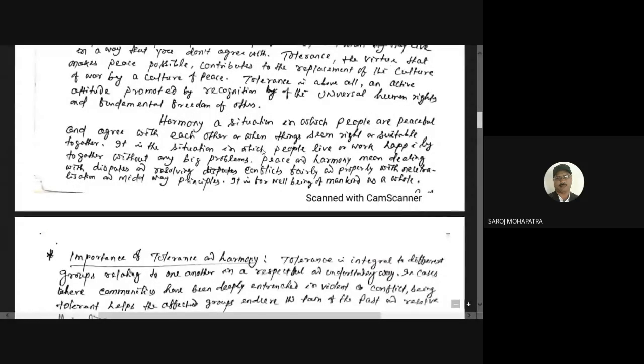On the other hand, you see another concept is harmony. Harmony is a situation in which people are peaceful and agree with each other, or when things seem right or suitable to them. So it is the situation, harmony, that means it is a situation in which people live or work happily together without any big problems.